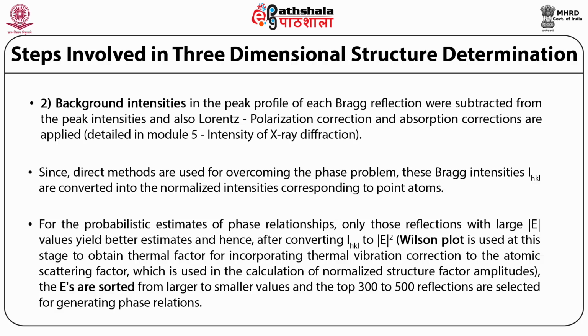Hence, after converting the intensity of HKL to the square of the normalized structure factor amplitude, here we use the Wilson plot to make use of the thermal factor. These E's are sorted from larger to smaller values, and usually the E values of up to 500 reflections are selected for generating the phase relationships.